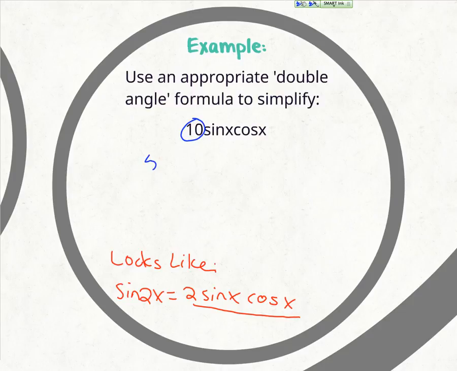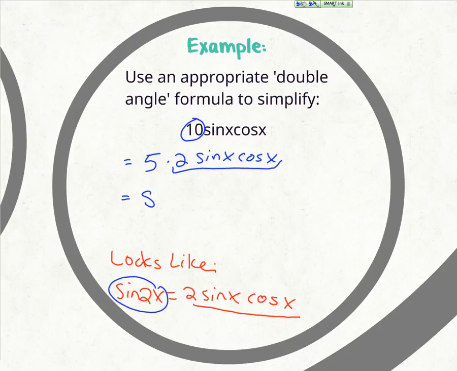So I can write 10 as 5 times 2, and then I still have sine x cosine x. And then I can go ahead and plug this in for this. So I have 5 sine 2x. And that is the simplified version.